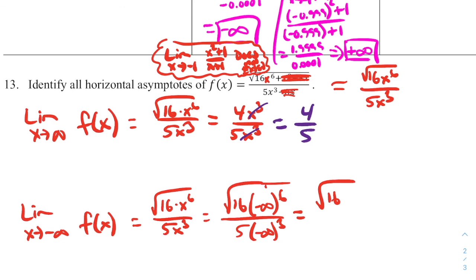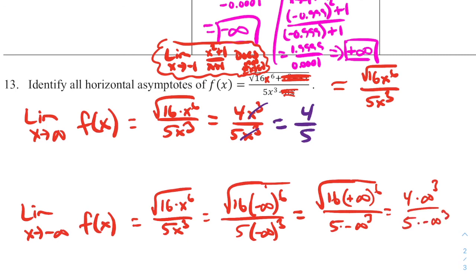This is like the square root of 16 times negative infinity raised to the 6th, which becomes positive, so it's like a positive infinity to the 6th. And then in the denominator, we're going to have 5 times negative infinity to the third. If we take that square root, we've got a 4 times infinity to the third, and in the denominator I've got 5 times negative infinity to the third.